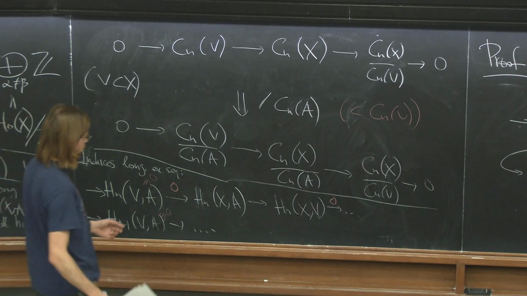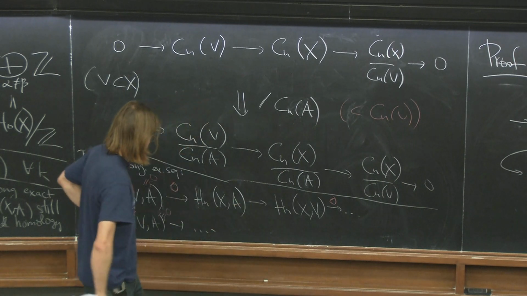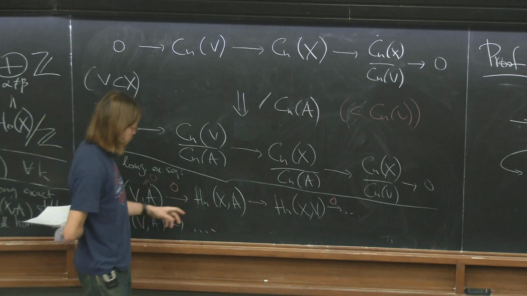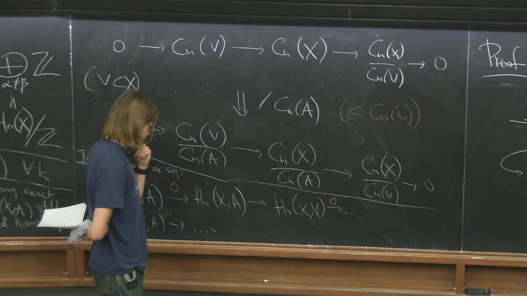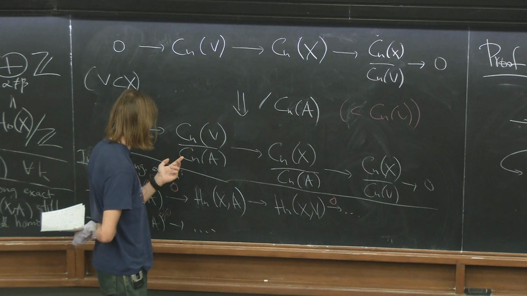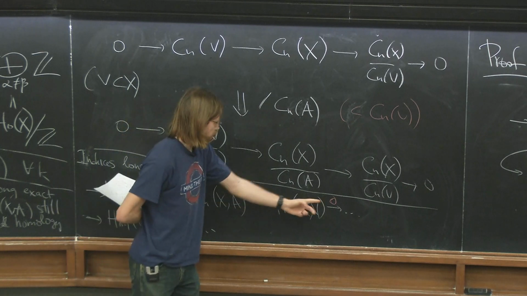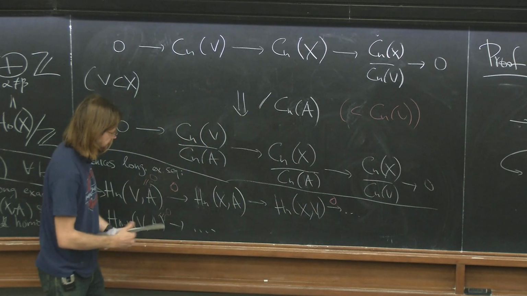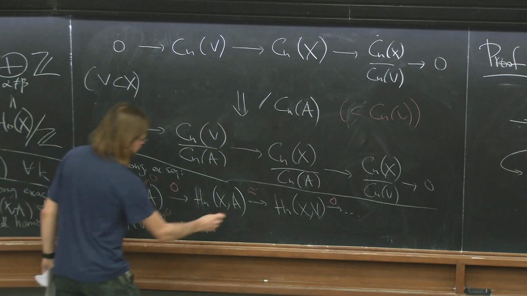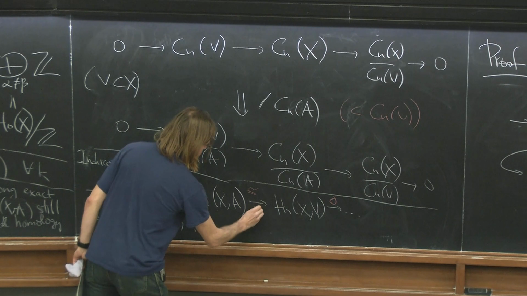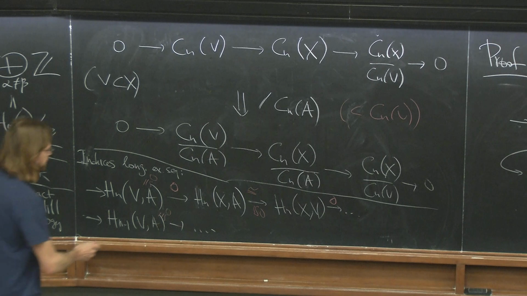And we already know that if we have two consecutive abelian groups in any exact sequence, sandwiched between trivial maps, the map between them is necessarily an isomorphism. We already showed it in the general situation. So this is an isomorphism.